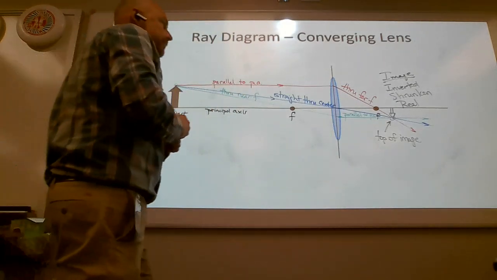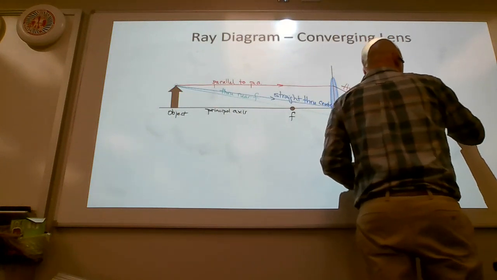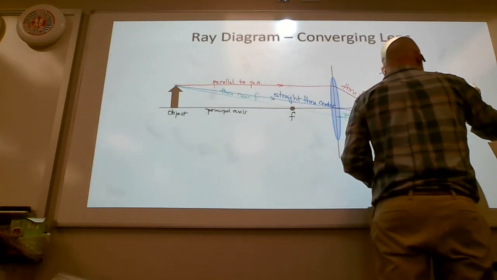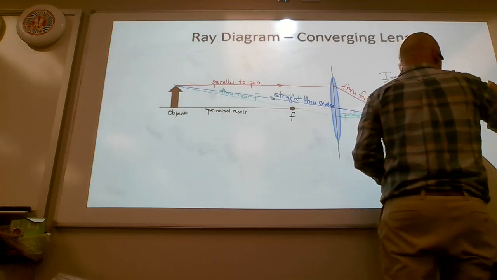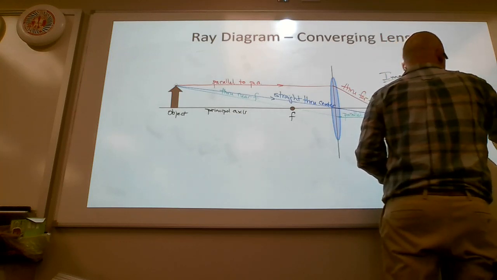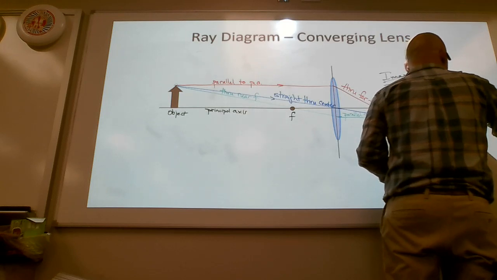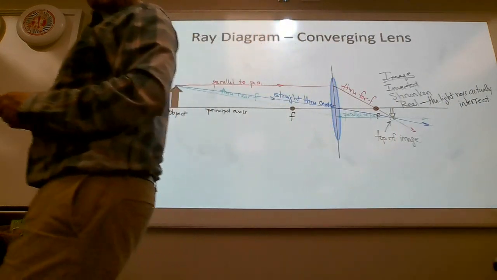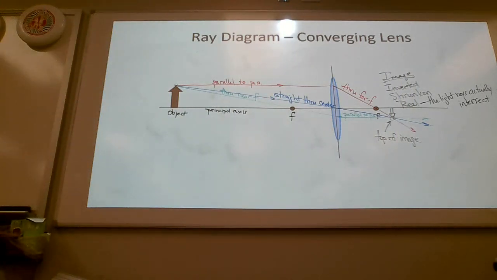That means the light rays actually intersect. When the light rays actually intersect, we say that is a real image. Good there?